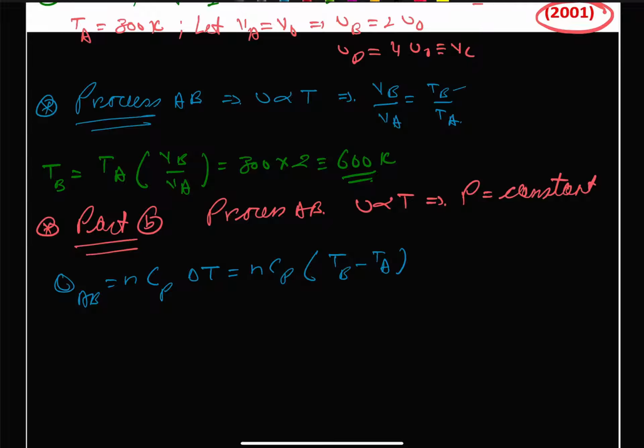We simply substitute the values: 2, 5 by 2 times R, and 600 minus 300. The 2 cancels with 2, so QAB comes as 1500 R, and this is absorbed.